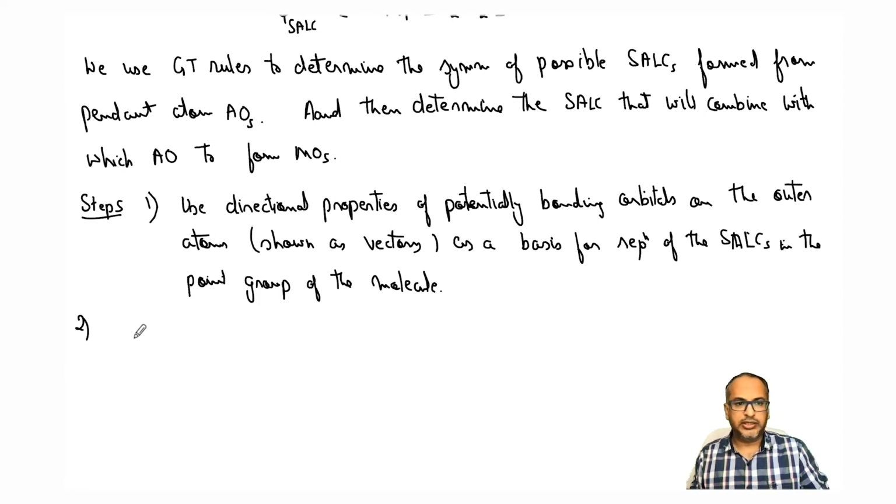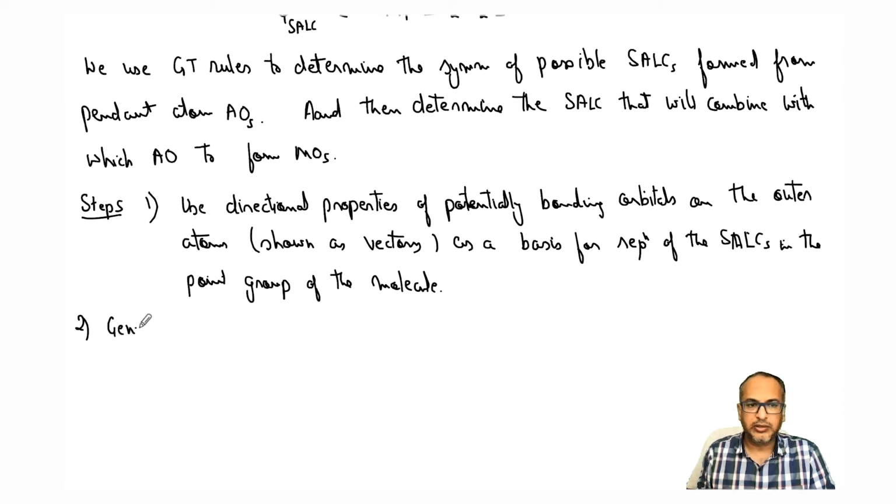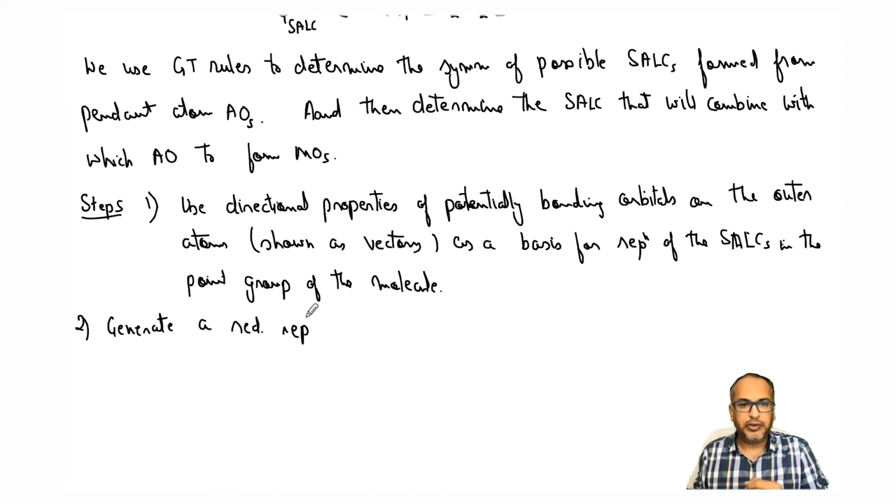So the second step, once you have determined the basis you are going to take, is to generate a reducible representation for all possible SALCs. And here we will not write explicit matrices under each symmetry operation.